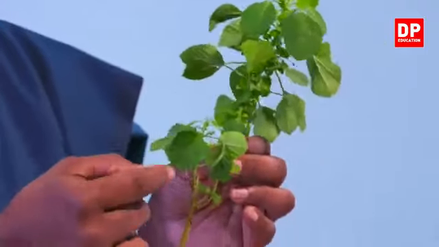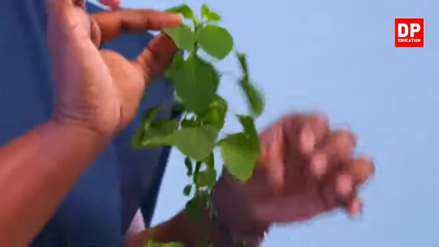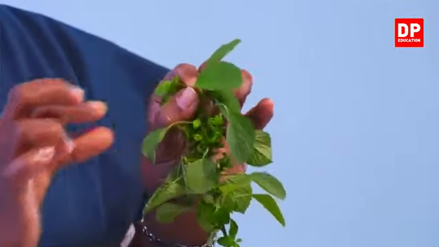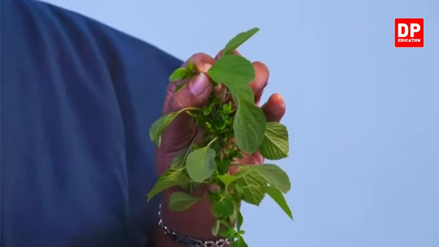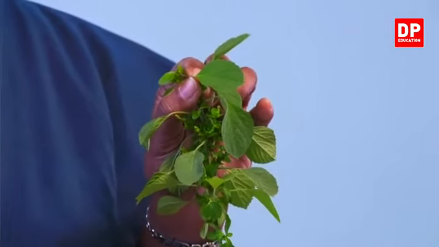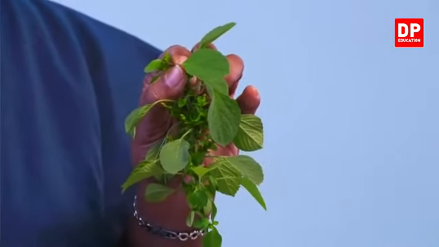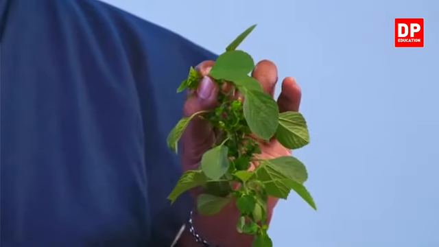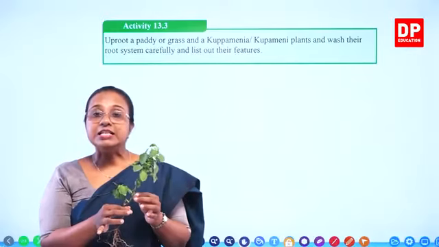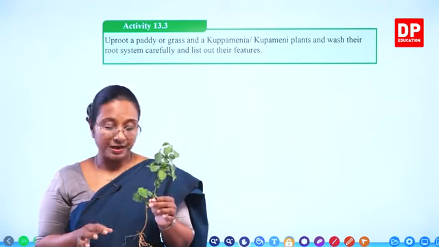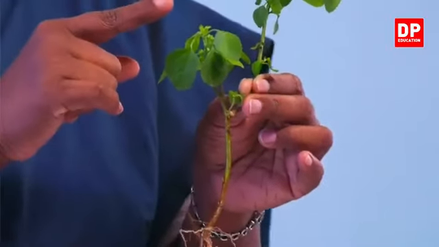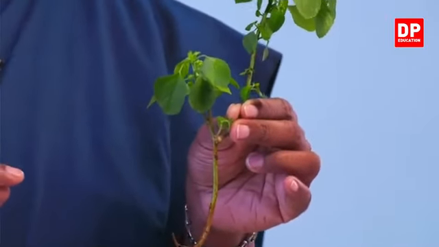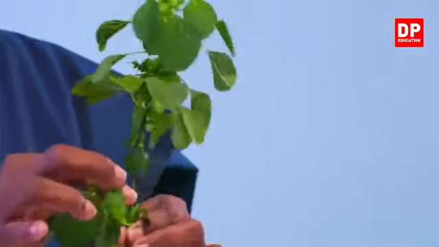Then if you look at the leaf, now if I show you all the leaf here, you will be able to observe the reticulate venation, a network-like venation. Can you all see that? So in the Cupamania plant, there is a taproot with lateral roots, the stem is branched, and also you are able to observe the reticulate venation.